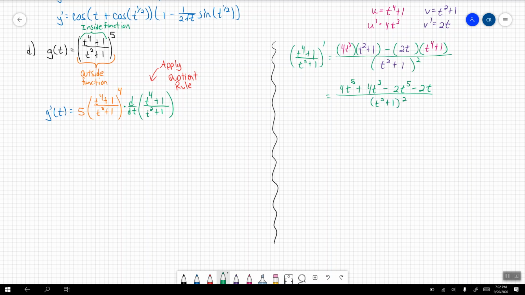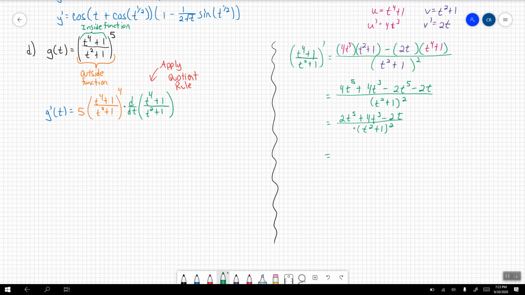And then I can combine like terms here. So let's keep on combining like terms. I have a t to the fifth and a t to the fifth, so that's going to get me 2t to the fifth. So that's 2t to the fifth plus 4t cubed minus 2t, all divided by t squared plus 1 squared. And I can still factor out a little bit more from that numerator.